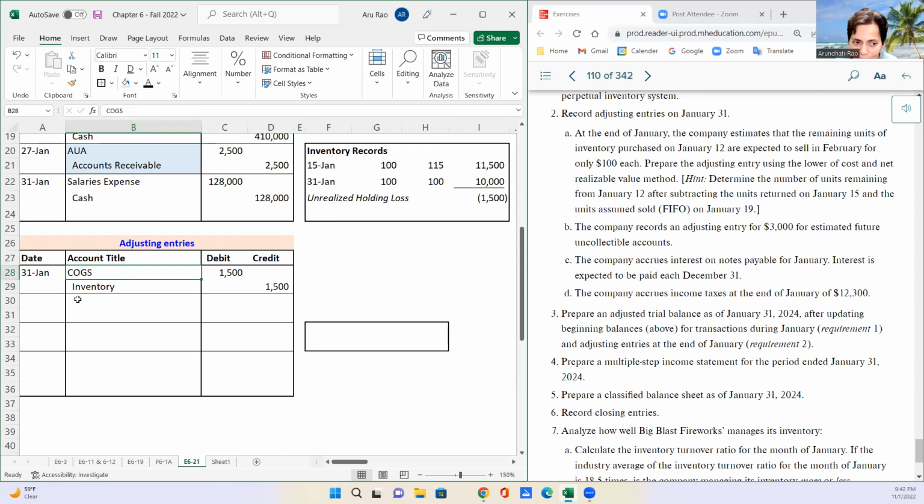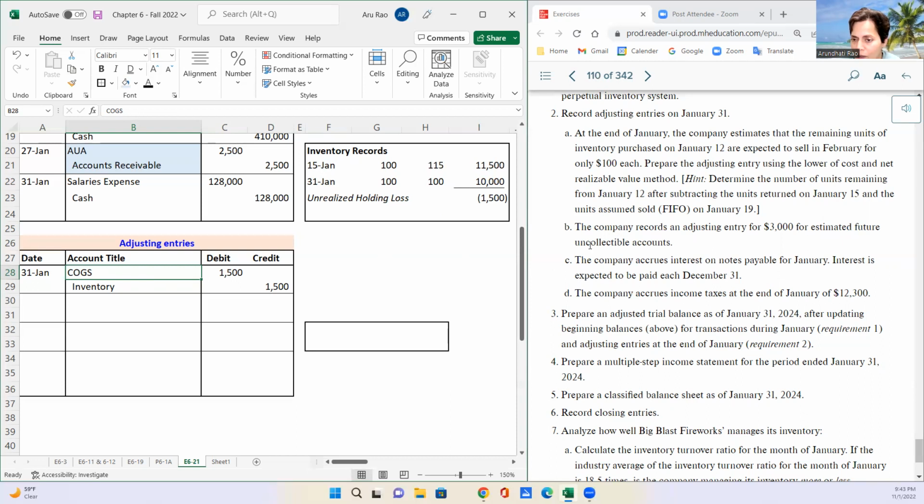I add it to the cost of goods sold as if it was sold. I know it's not sold. The value has just gone down, but I pass it to cost of goods sold as an expense. It hits my net income number, which is what I'm doing. I'm devaluing my inventory. I'm bringing down the value of my inventory by 1,500 over here. That's the reason it's important to keep these records over here.